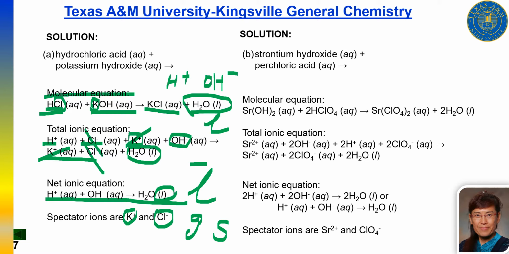The second question: strontium hydroxide is written as Sr(OH)2. The reason is strontium is from your group 2, therefore your Sr will be 2 plus. Your hydroxide is 1 minus. Your strontium 2 plus.